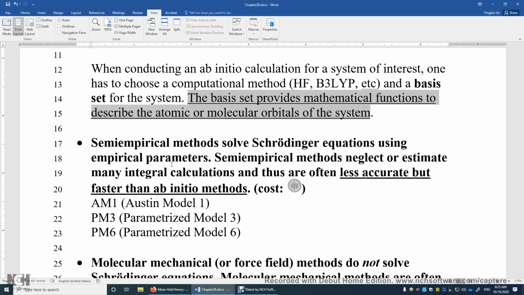There are exceptions. Sometimes semi-empirical methods are much more accurate than the Hartree-Fock method, because when we parameterize these semi-empirical methods such as AM1, PM3, PM6, those parameters are obtained by fitting the prediction of the method to the experimental values of some training compounds.